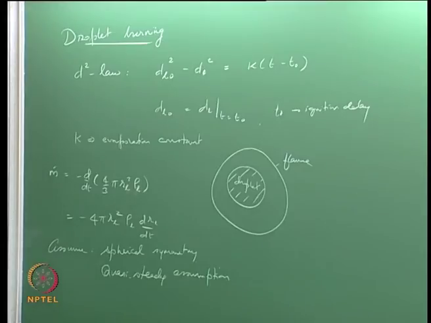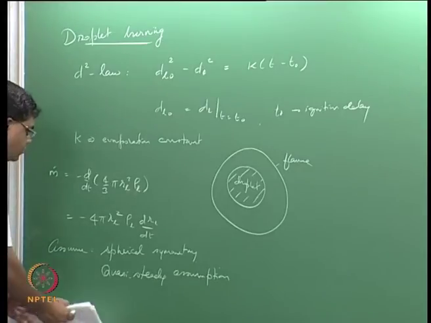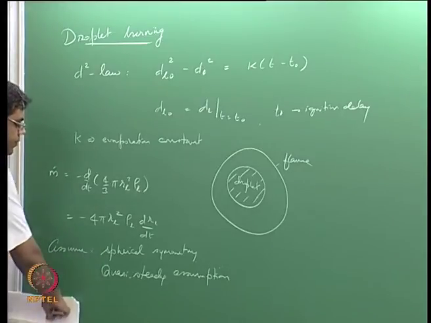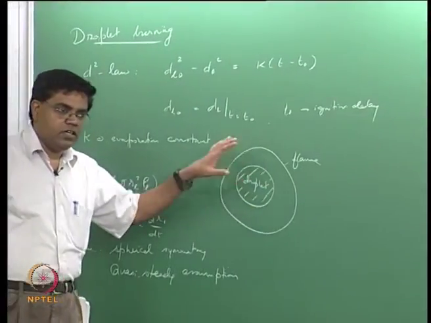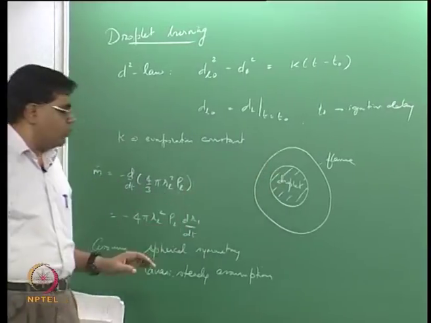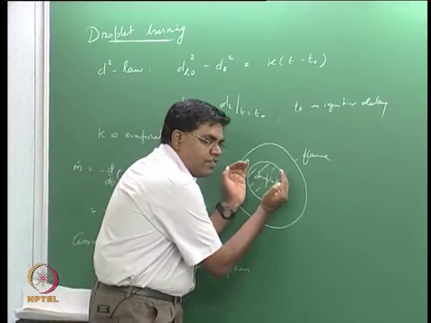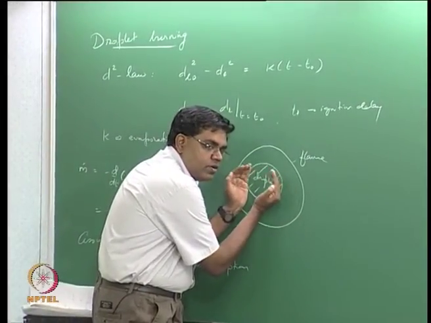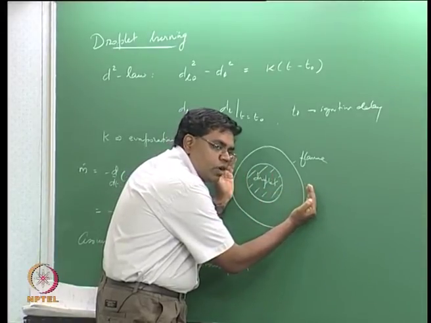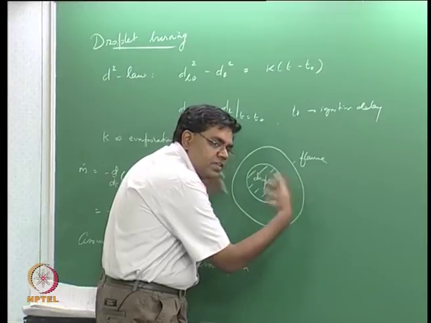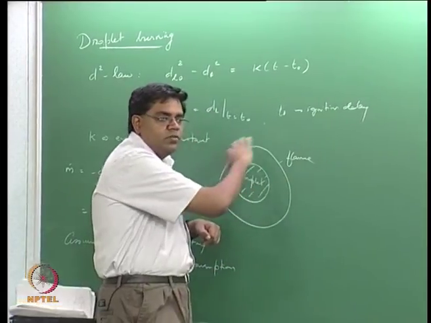What that means is that the droplet diameter does not significantly change when the droplet evaporates and the gaseous vapor moves away from the droplet up to the flame and mixes with the ambience to form the reaction.